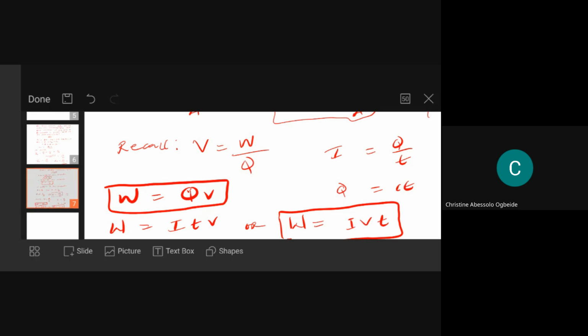But also from Ohm's law, we've established that V is equal to IR. So I can replace V with IR in W equals IVT. If I replace V with IR, the work done in the circuit will be given as what?